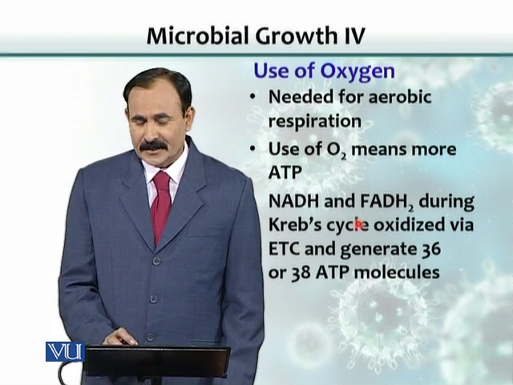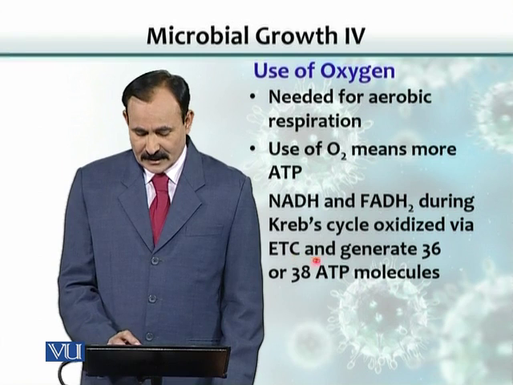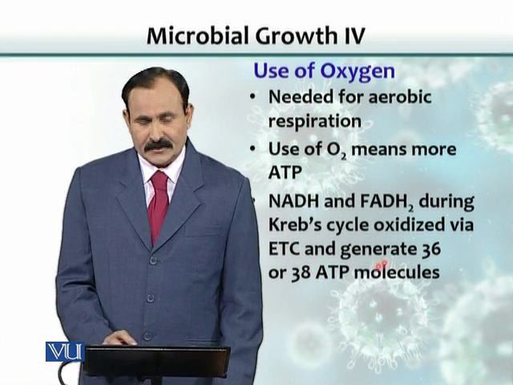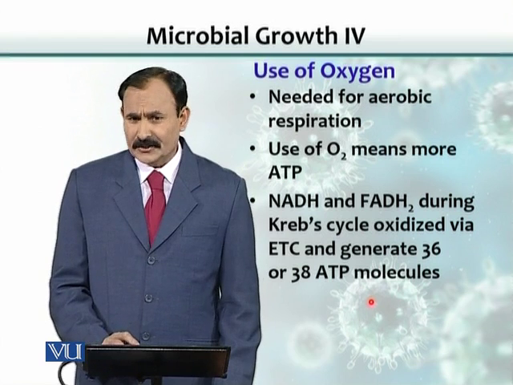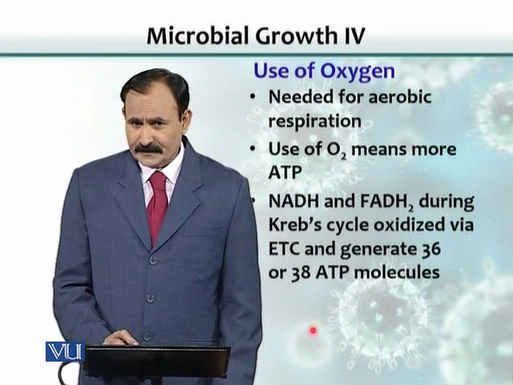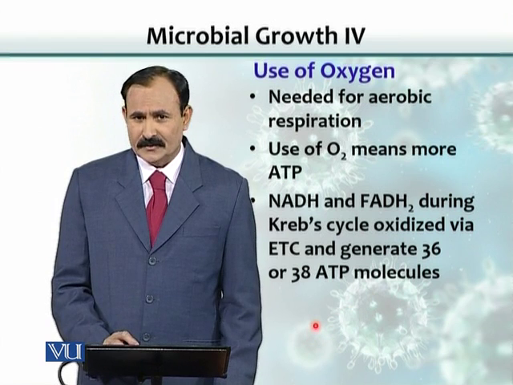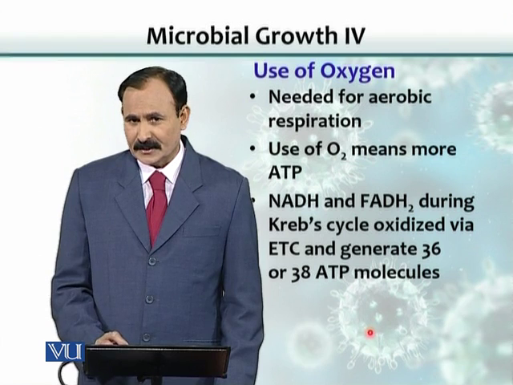These electron carriers then can be put into the electron transport chain, and this process at the end, by chemiosmosis, produces about 36 or 38 ATP molecules. It's a lot of energy. So those bacteria that utilize aerobic respiration using oxygen have maximum ATP synthesis ability.